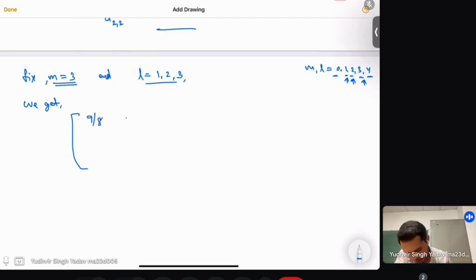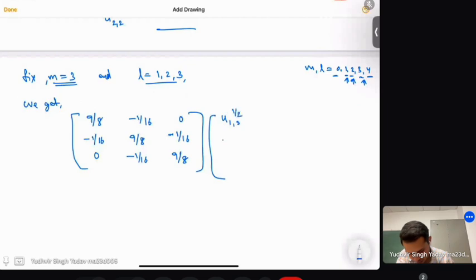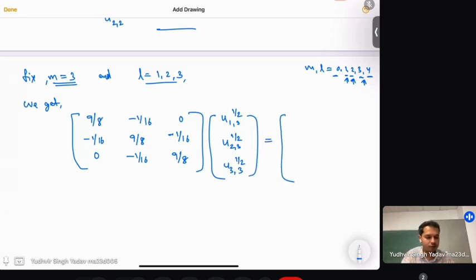So it will be 9 by 8, minus 1 by 16, 0, minus 1 by 16, 9 by 8, minus 1 by 16, 0, minus 1 by 16, 9 by 8. And the unknown vector is u(1, 3 half), u(2, 3 half), and u(3, 3 half), that we are finding at the half time step.